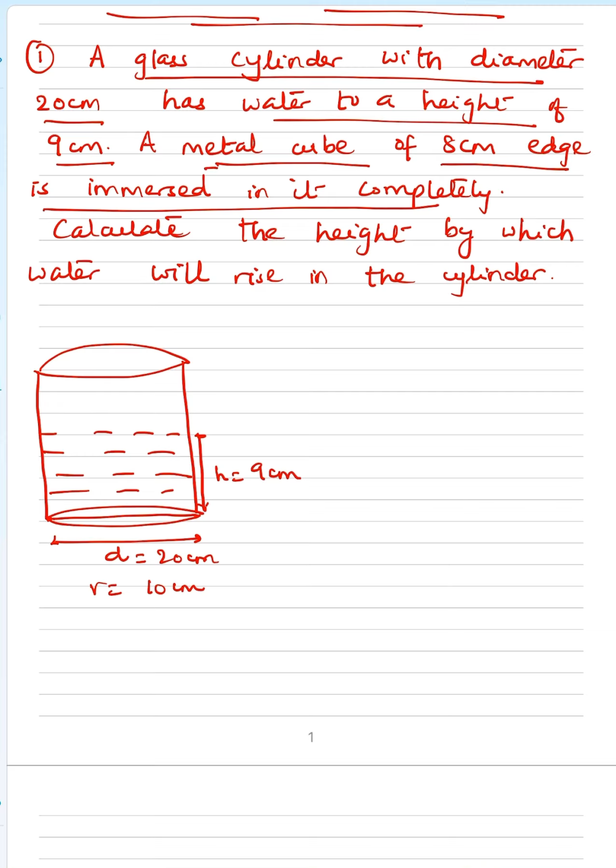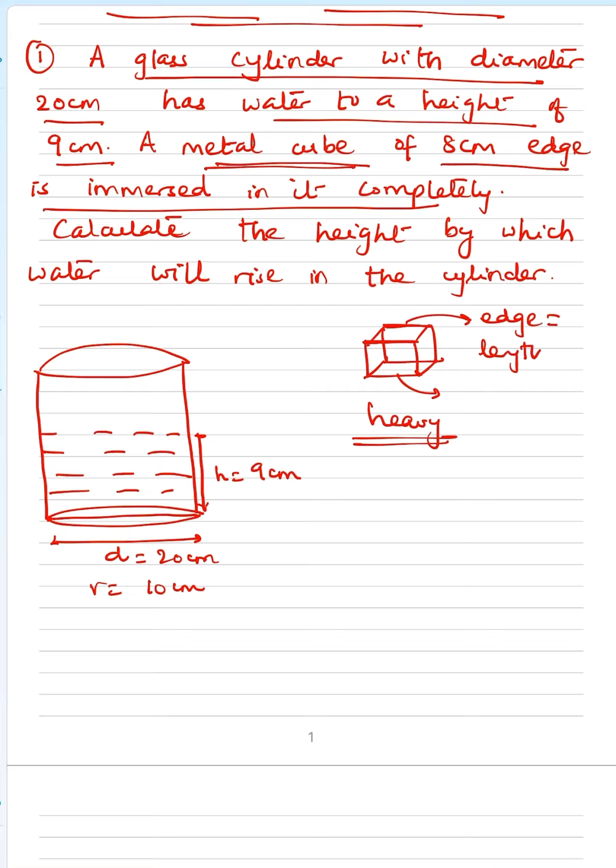A metal cube means a cube. See, this is the cube. Because it is metal, it is heavy, and its edge is 8 centimeters. Edge means the length of the cube, which is equal to 8 centimeters.